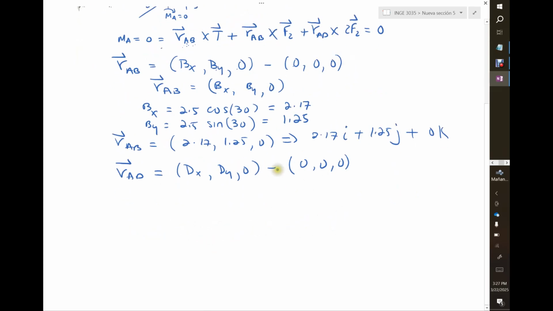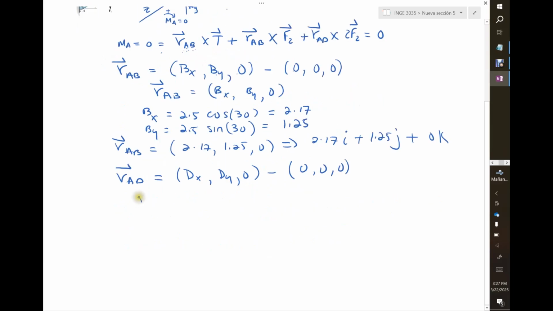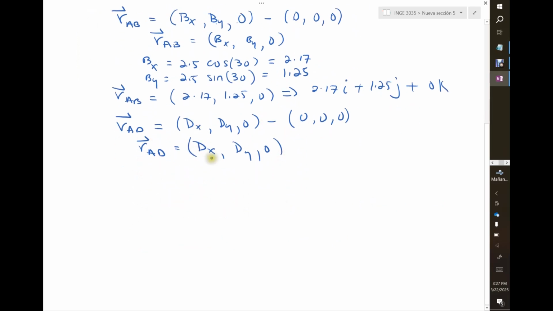I'm using this kind of notation so that you understand that this vector has a direction, and is coming from where I'm going to take the moment, so the location of that point with respect to the x distance and the y distance. Then AD, that vector, is nothing else than dx, dy, 0.